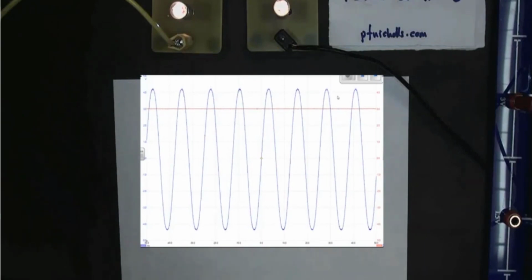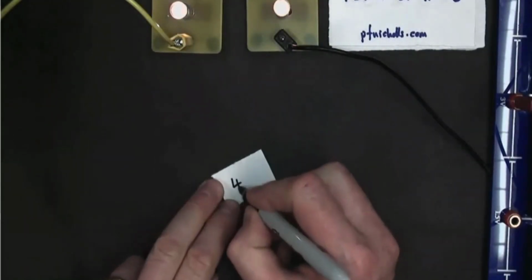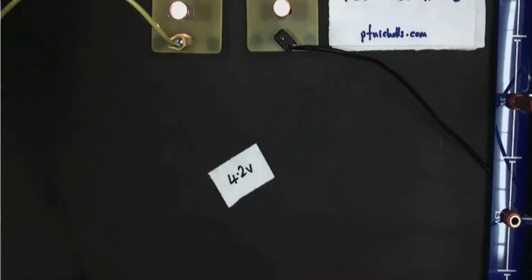But to me now, in the lab, they look about the same brightness. And you can see that to achieve that, the AC had to go quite a lot higher than the DC. Let's read what value it is. And it's about 4.19, 4.2 volts. So, get rid of the oscilloscope and label this one as 4.2 volts.